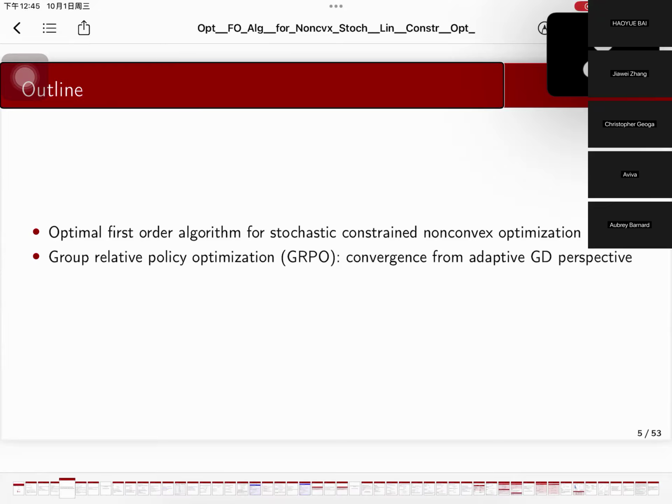In the second part, we will talk about a recently very popular policy optimization algorithm for large language model reasoning called GRPO. We show that GRPO is actually an adaptive gradient descent. So GRPO can have much faster convergence rates and much better empirical behavior.